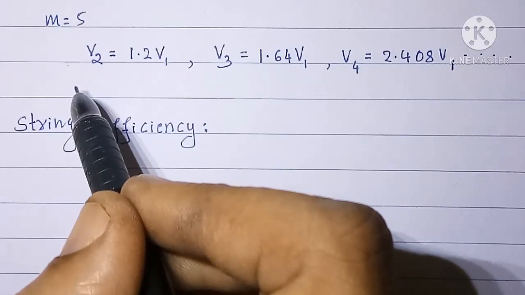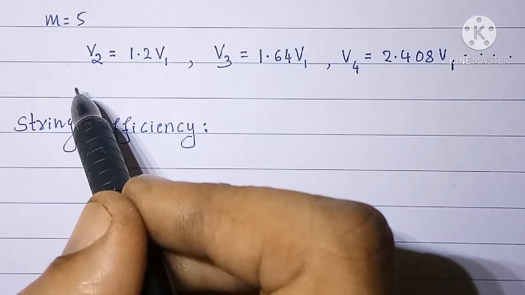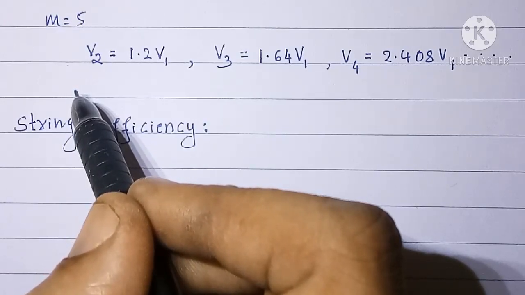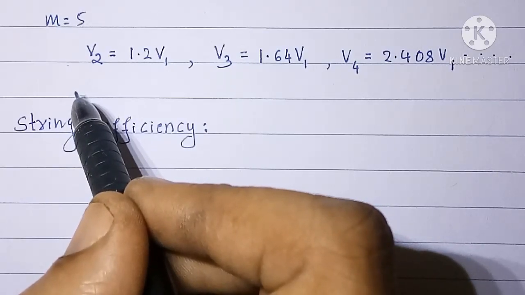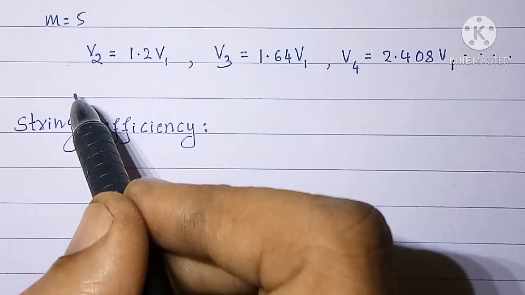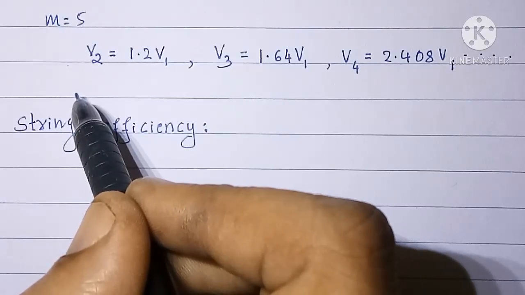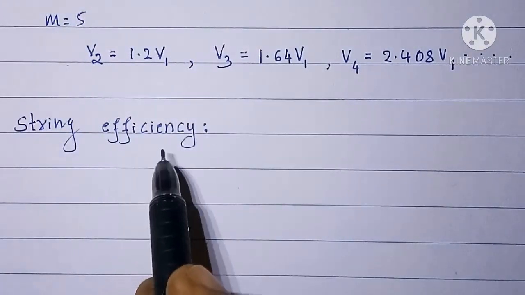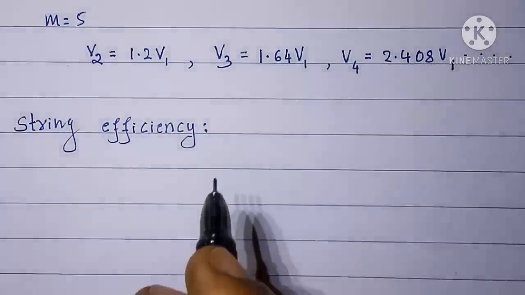It means that here we are not going to utilize the full voltage withstanding capability of an insulator. How much of the voltage withstanding capability we are making use of, that we are going to calculate by calculating string efficiency.